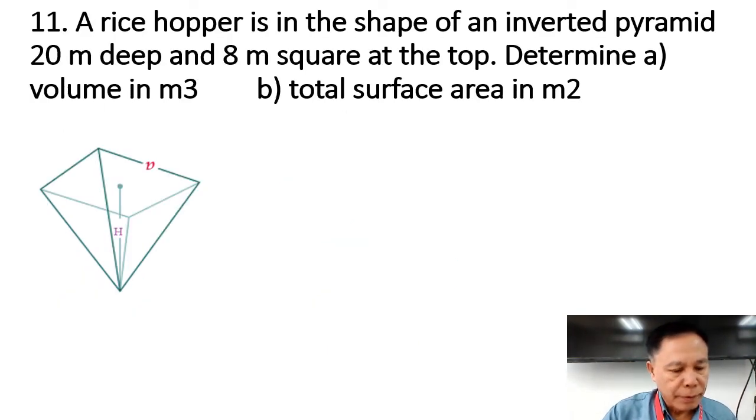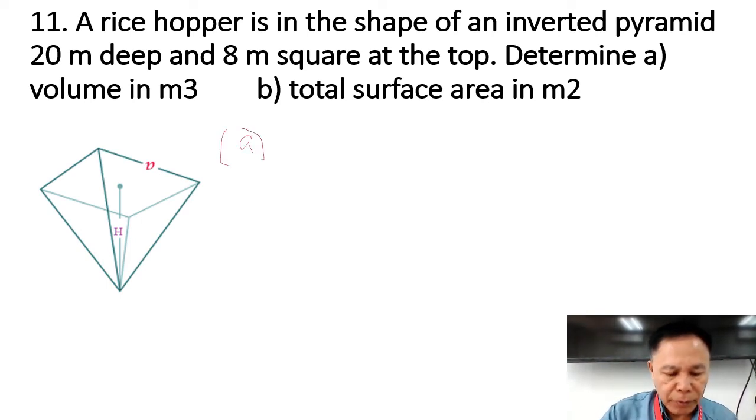So a rice hopper is in the shape of an inverted pyramid. The height is 20 meters deep, and 8 square meters at the top. Letter A is determine the volume.